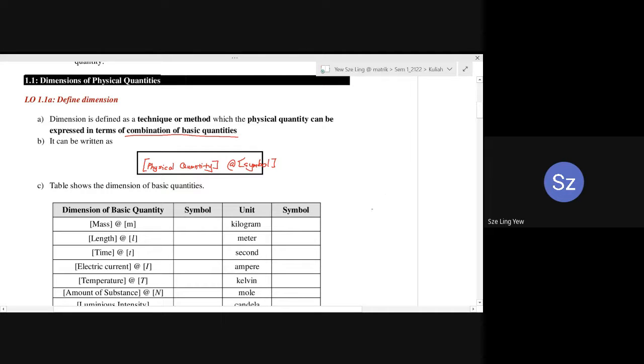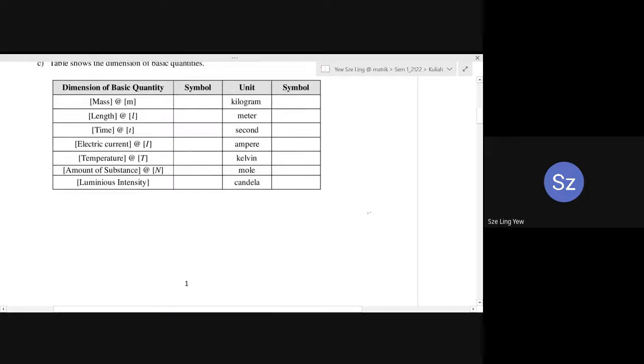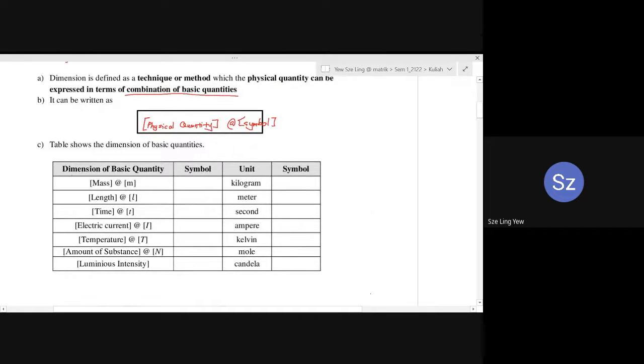So now let's look at the table. The table shows us the dimensions of the basic quantities. We need to derive quantity, but before that, we need to know what the basic quantities are. The first symbol represents the symbol in terms of dimension, and the second symbol is the symbol of unit.